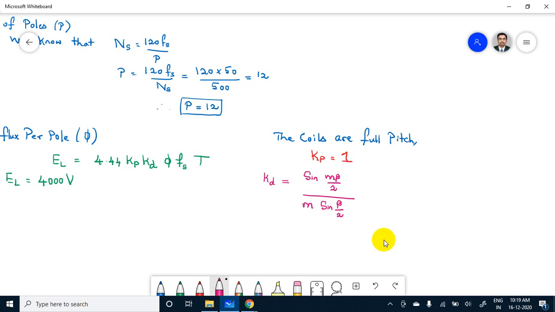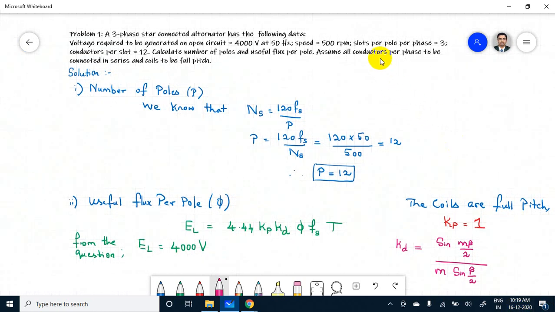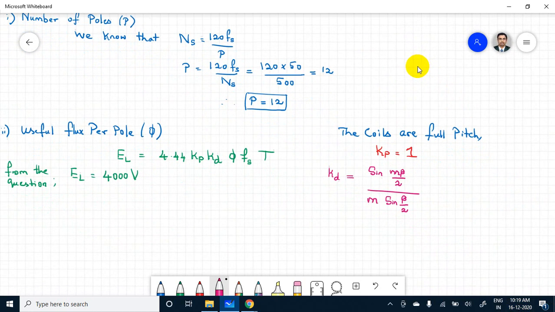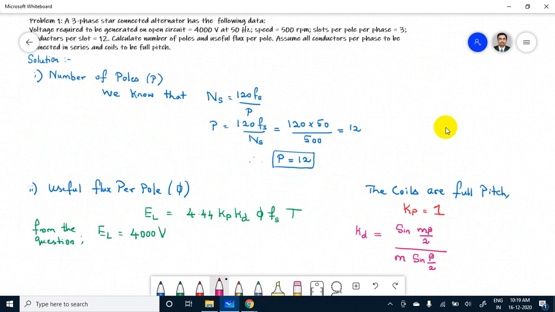Sir, m is given in the question. M how much? What is there? Tell me. 3 slots per pole per phase. Okay, it is given already in your question itself. They have given m equal to 3.